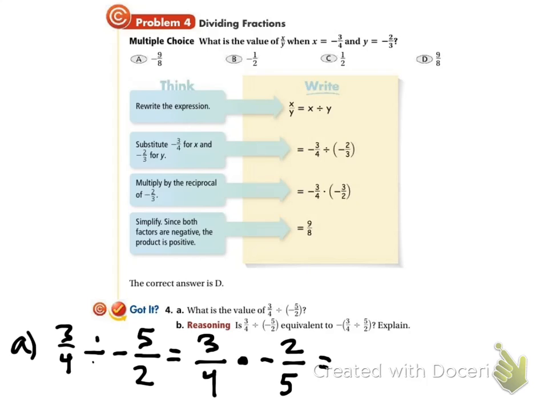Now I can multiply straight across. Positive times a negative is going to give me a negative. And then 3 times 2 is 6. 4 times 5 is 20. And I can simplify this fraction because I can divide the top number and the bottom number by 2. So if I divide the top number by 2, I get 3. If I divide the bottom number by 2, I get 10.